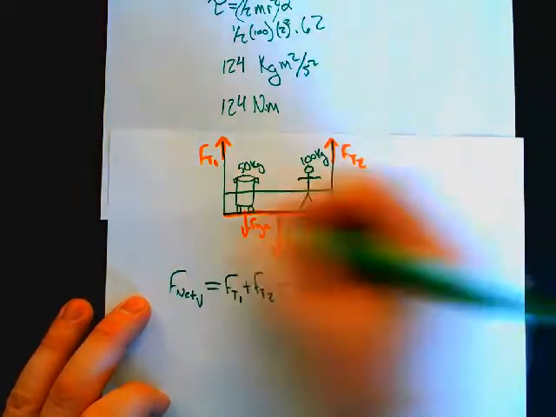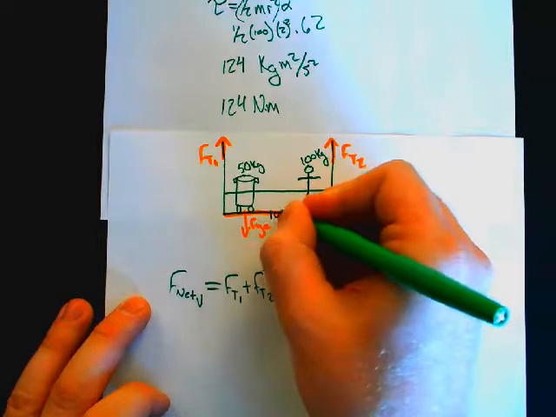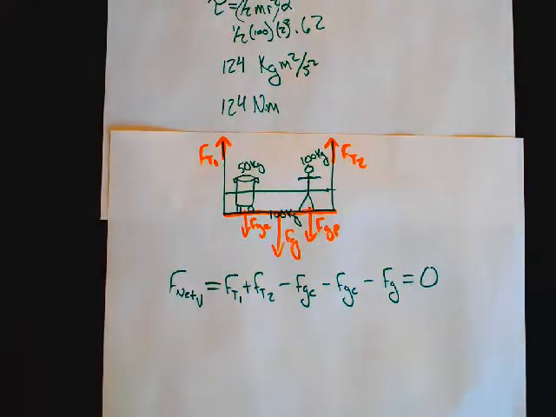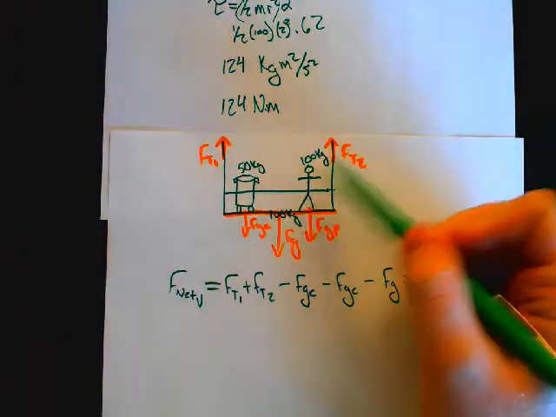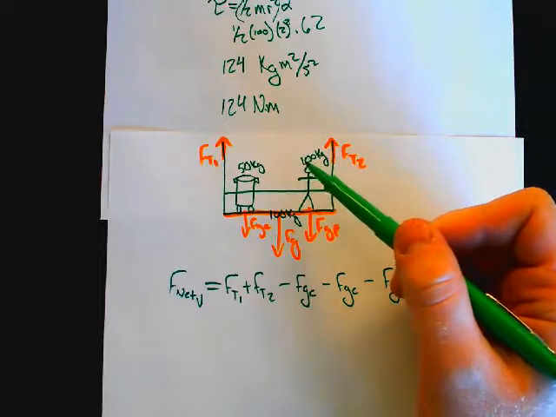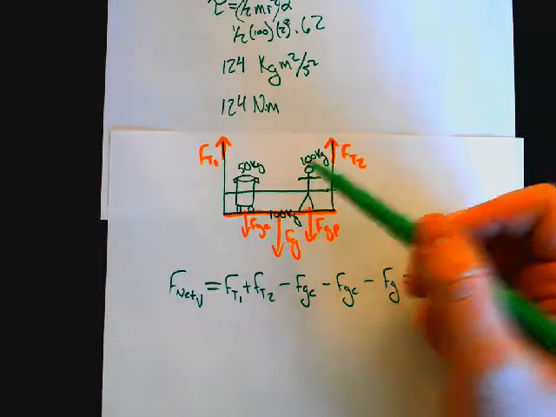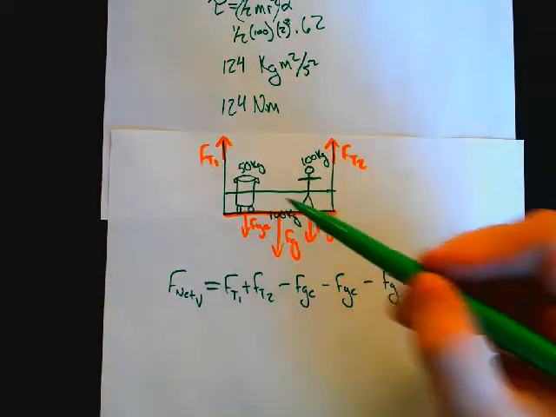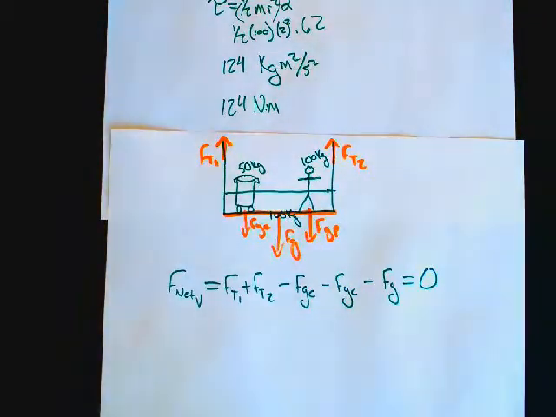And then the scaffolding itself, let's say, is also 100 kilograms. All right. If I give you the masses, though, here, what's the issue?